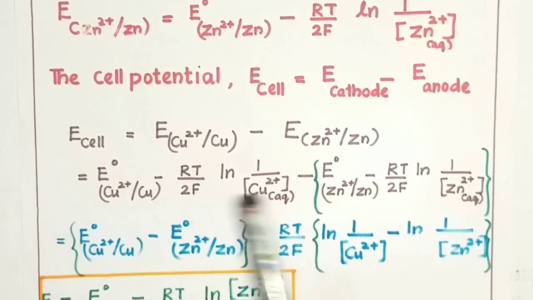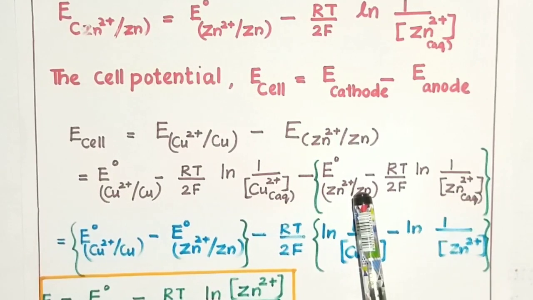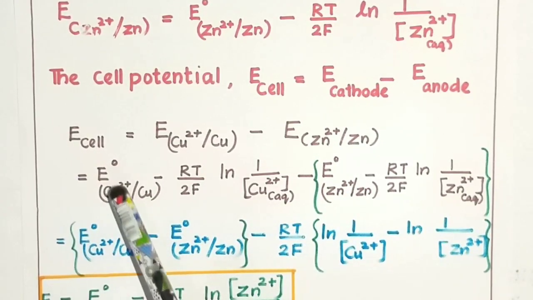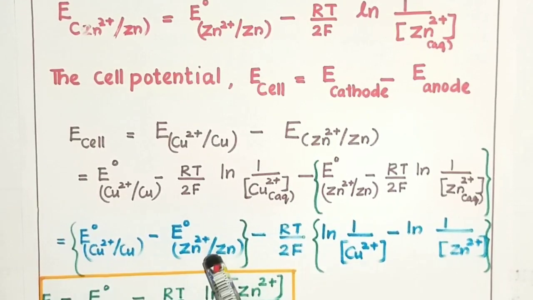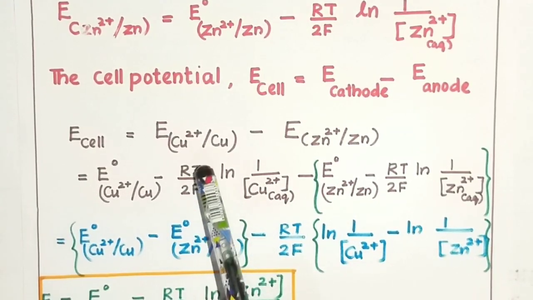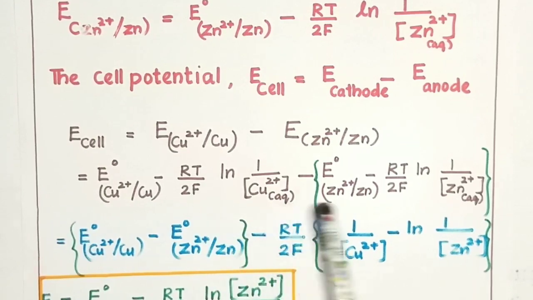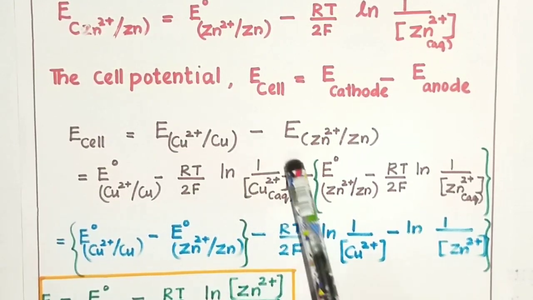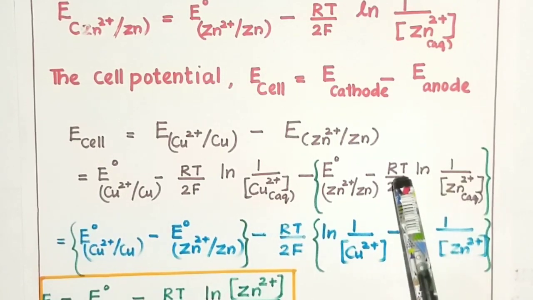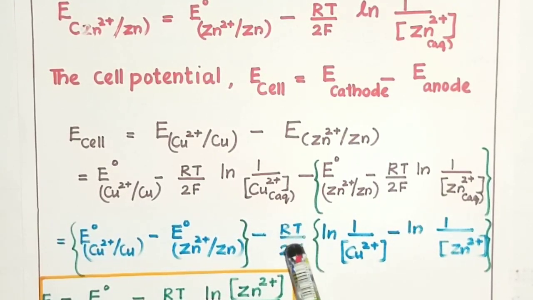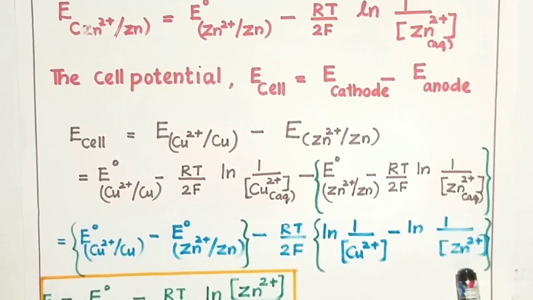Then these E0 values are taken together. Then we get E0 of Cu2+|Cu minus E0 of Zn2+|Zn, minus RT by 2F taken as a common factor, because this term consists of RT by 2F and this term also consists of RT by 2F, taken outside. RT by 2F into ln 1 by Cu2+ minus ln 1 by Zn2+.